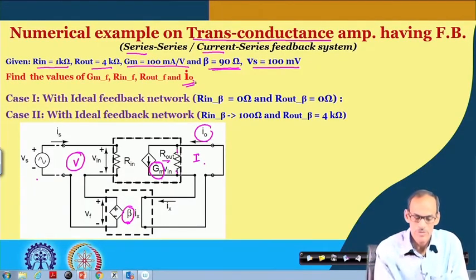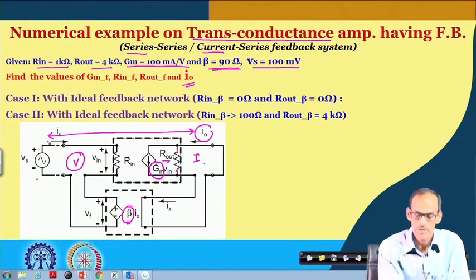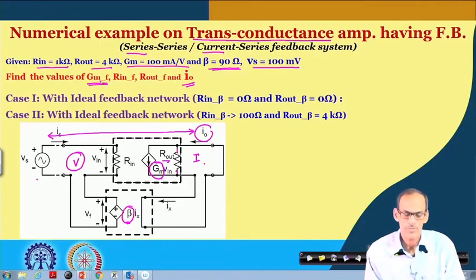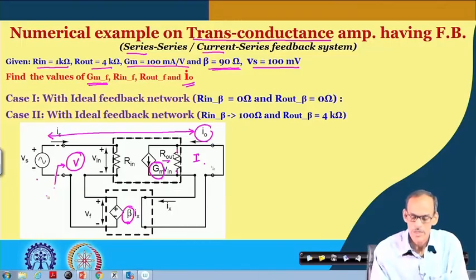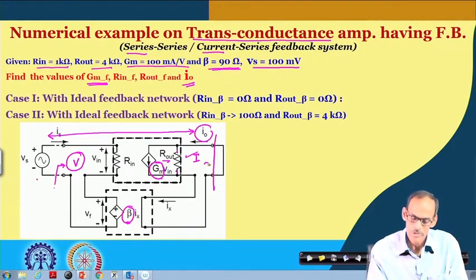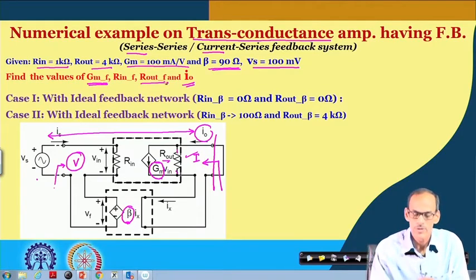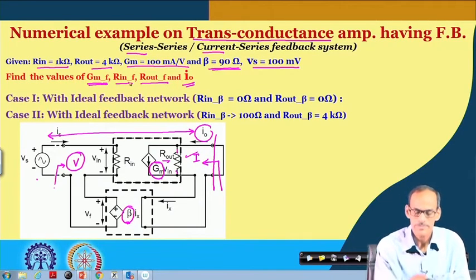Also you need to find the overall transfer function, namely the overall transconductance of the feedback system, GMF, then the input resistance of this circuit, and then the output resistance, particularly the output conductance we will see, which is 1 by R out F. That also we can find.